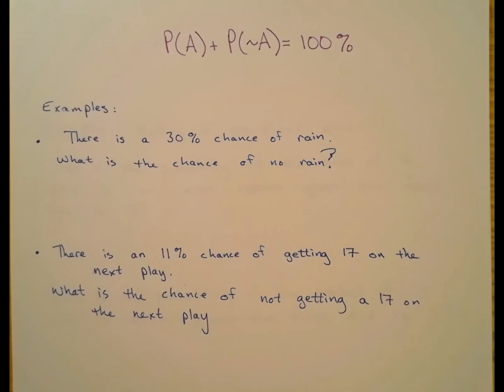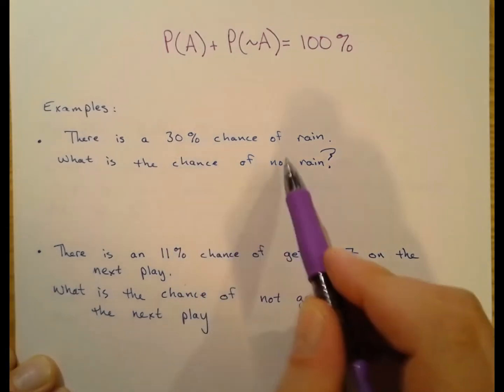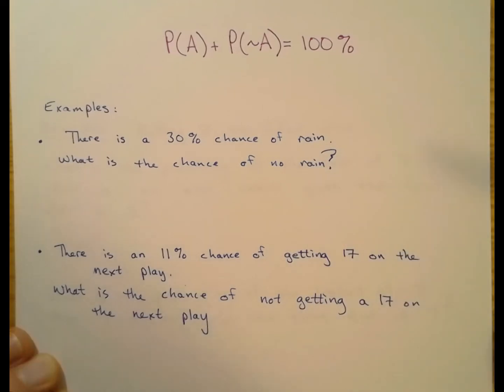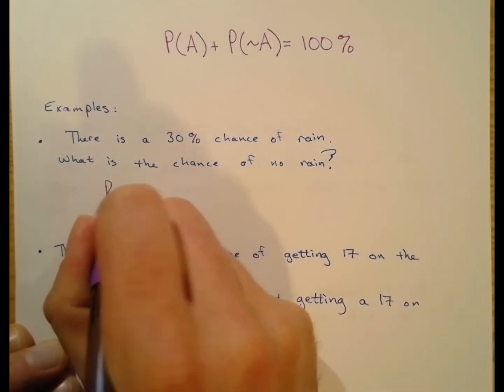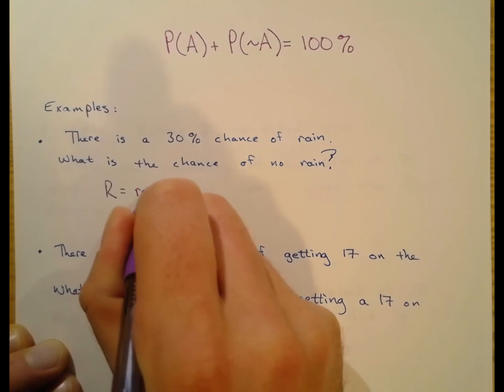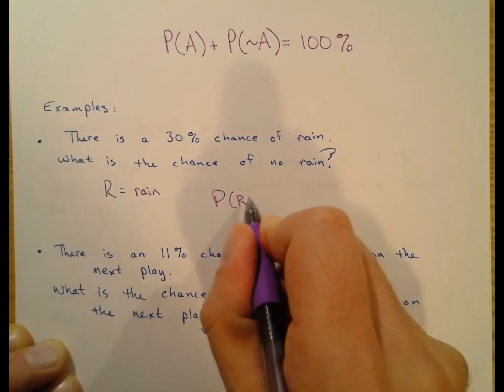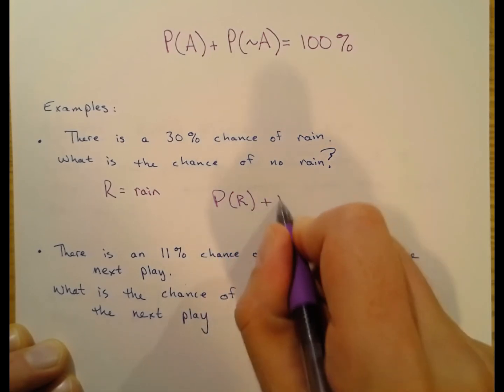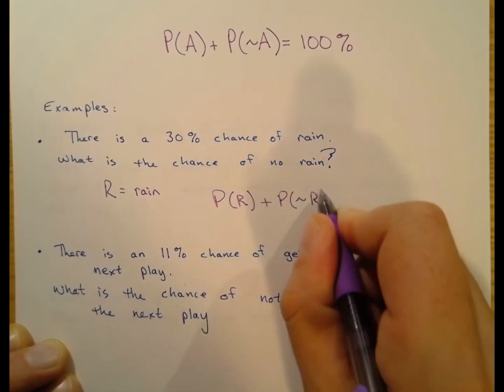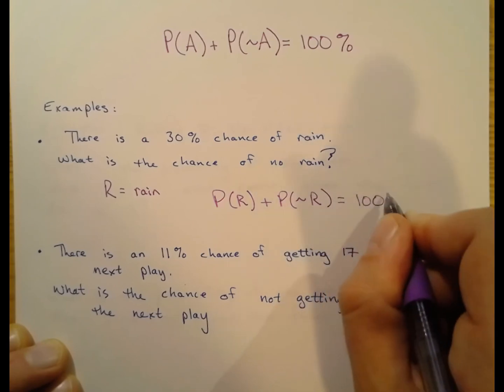If there's a 30% chance of rain, what is the chance of no rain? So it either rains or it doesn't. There is no third option here. So 30% chance of rain should add up with the percent chance of no rain to equal 100%. So let's say R equals the event rain. Probability of R plus probability of not R should add up to 100%.